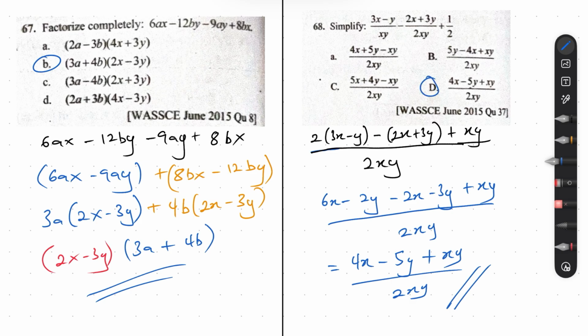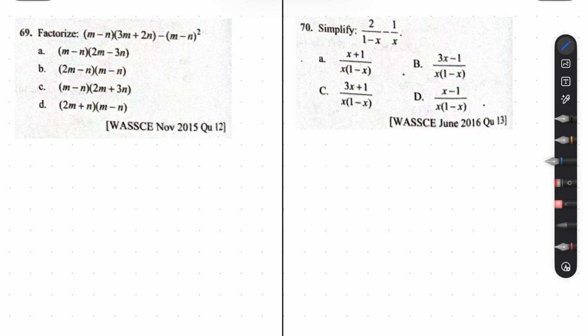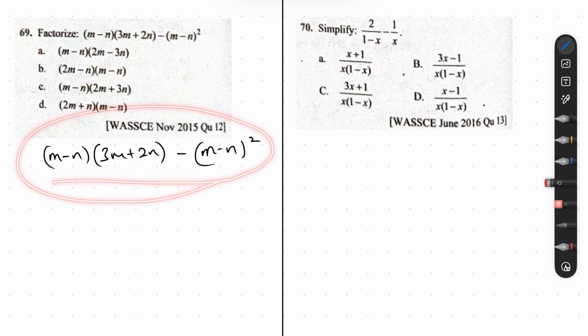Cool. Let's move on to question number 69. The question says factorize this. Okay, so let's write it down first. We have m minus n multiplying 3m plus 2n minus m minus n squared. Okay, so now this is not a difference of two squares, so we cannot use that approach.